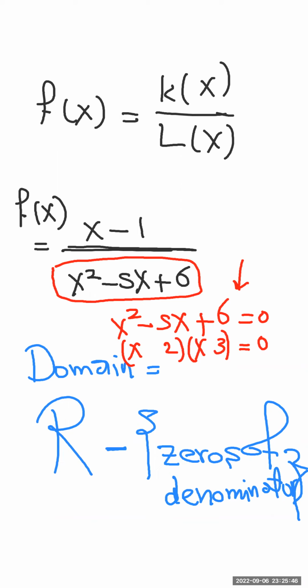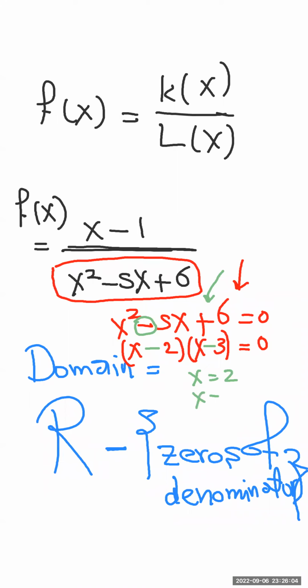Now, about the signs. The last term is positive 6, so the middle term is negative. So the two numbers will be negative, negative, like the middle term. So x will equal 2, x will equal 3.